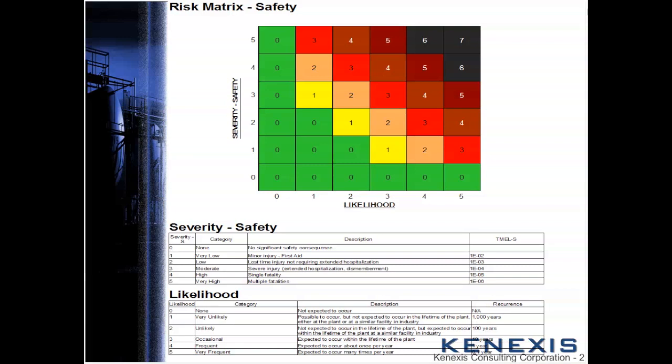Requires at least 3 IPLs to achieve a tolerable level of risk. So the matrices tell us the order of magnitude of risk reduction based on the likelihood and the consequences. So to move down, to move over 2 blocks would essentially be the same thing as saying, I'd need a couple of IPLs to achieve that level of risk reduction.